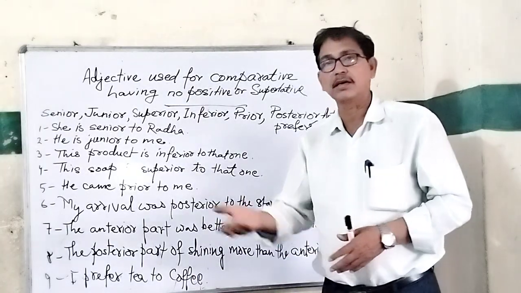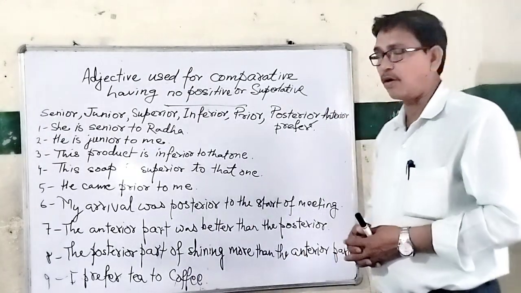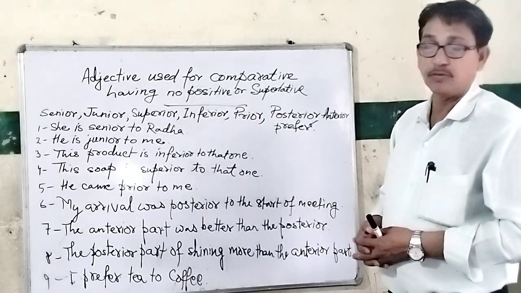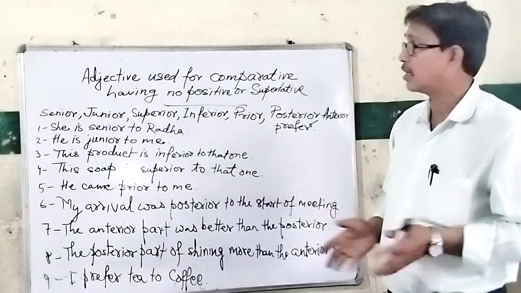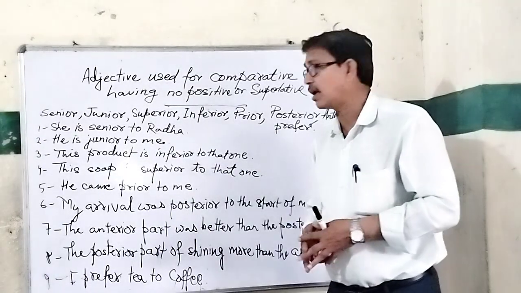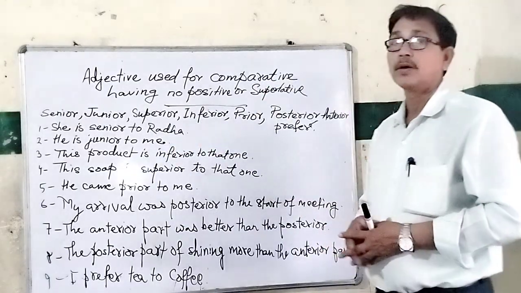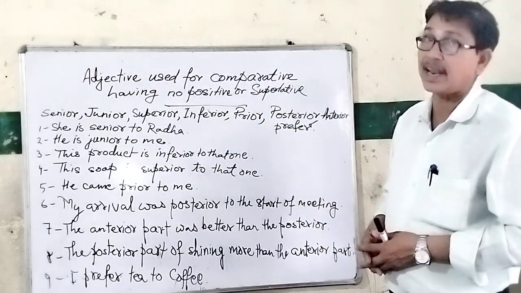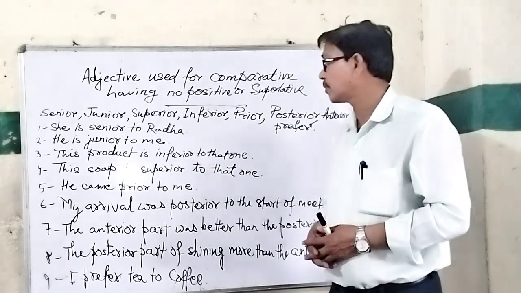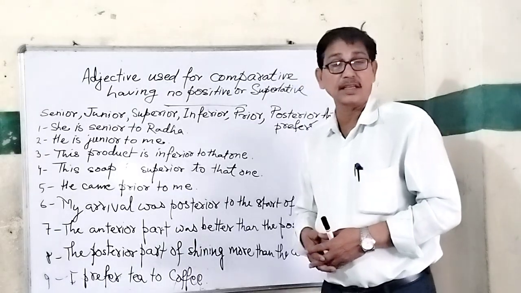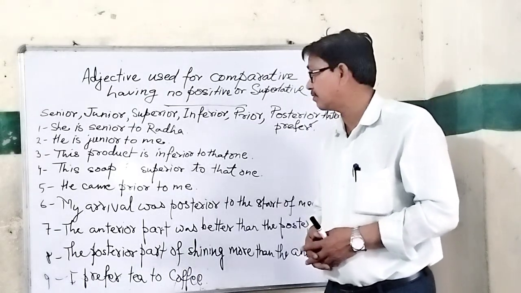Even in other offices and cases, you may recognize senior and junior. But the simple example I have given is from the school environment: he is junior to me. But you cannot say he is junior than me. This will be wrong. And junior and senior, they don't have any positive and superlative degree.